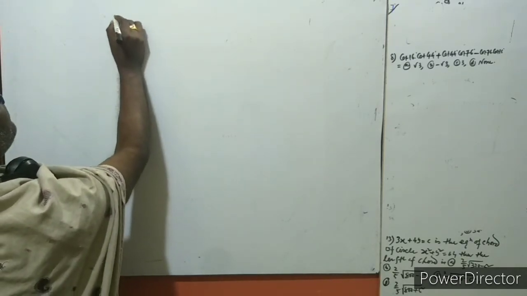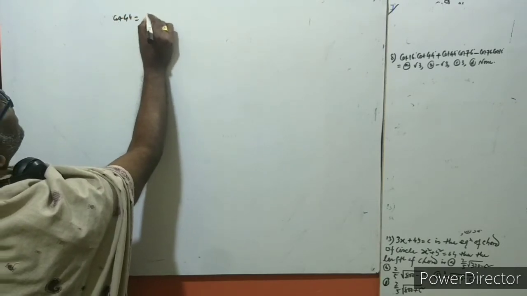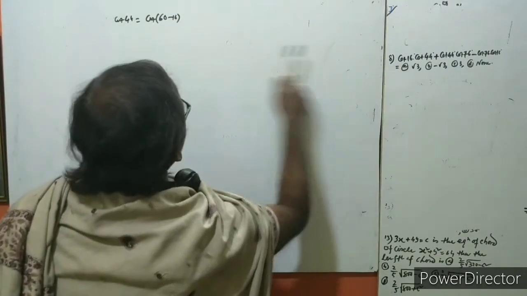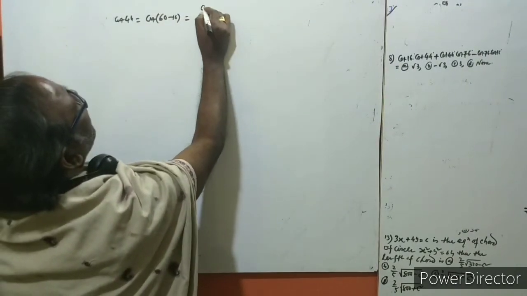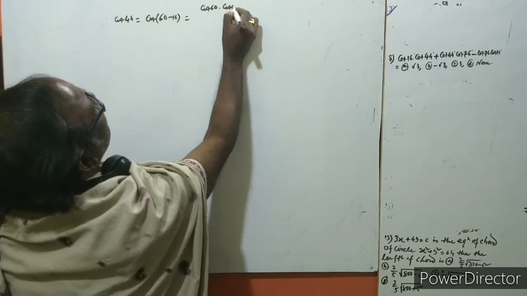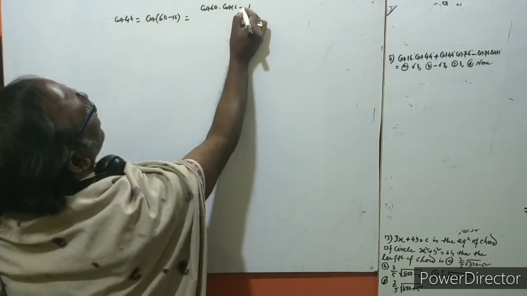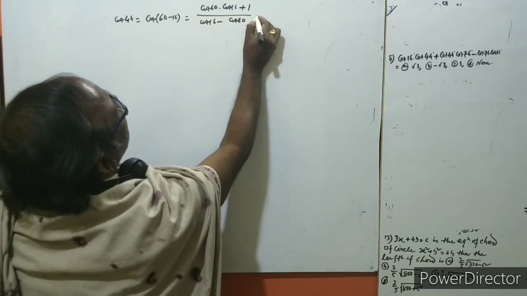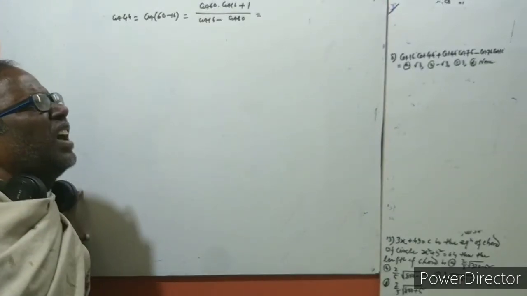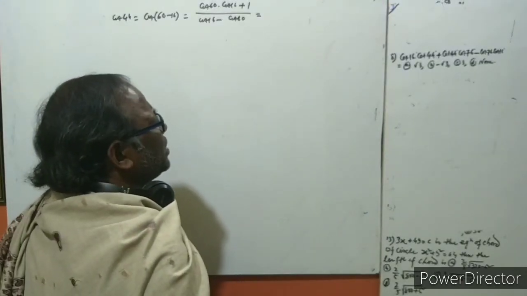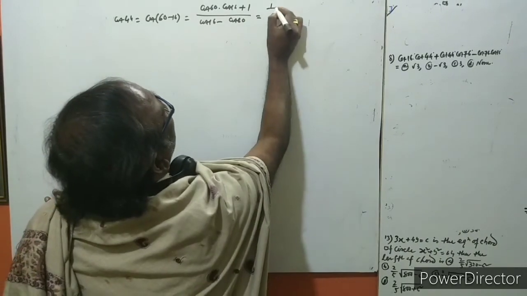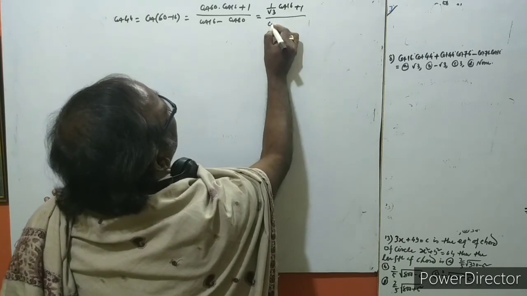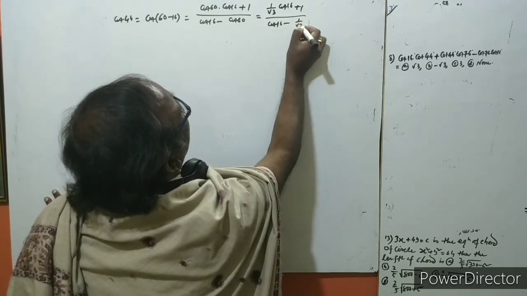Now here cot 44 can be written as cot of 60 minus 16, so with respect to 16. So the formula here is cot A minus B equals cot A cot B plus 1 over cot B minus cot A. The value of cot 60 is 1 by root 3. So this is here 1 by root 3, and cot 16 plus 1 by root 3 here.